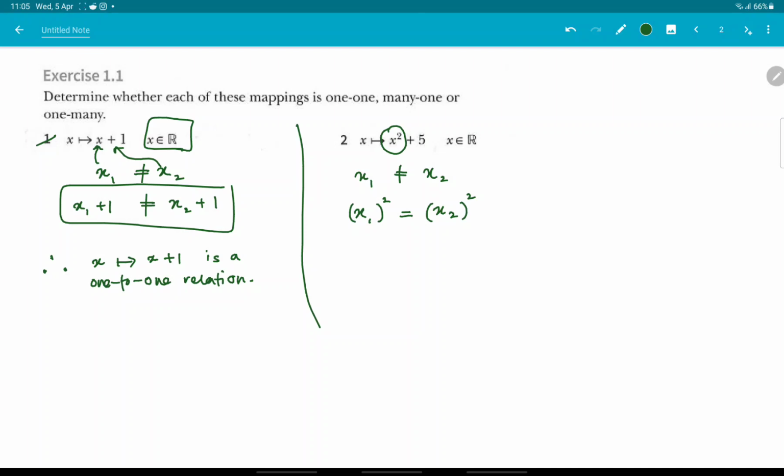It can be the same value. When you add 5 to both sides, you will get x1 squared plus 5 equals x2 squared plus 5. But this is not always correct, it is many-to-one. Sometimes x1 squared is not equal to x2 squared.